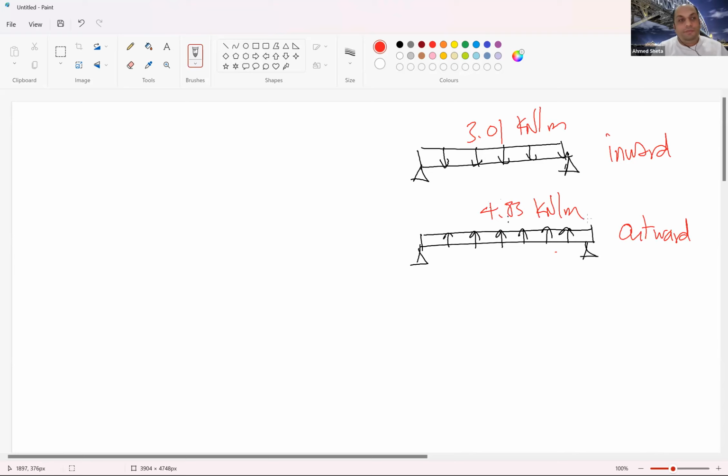Should we have a diagram of this in our report? Because I haven't done that. I've just done the calculations. No, you don't have to. What you have to do is maybe just write the answer like this: 3.01 kilonewton per meter inward and 4.83 kilonewton per meter outward.